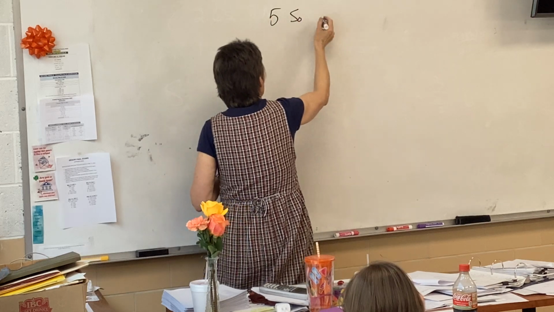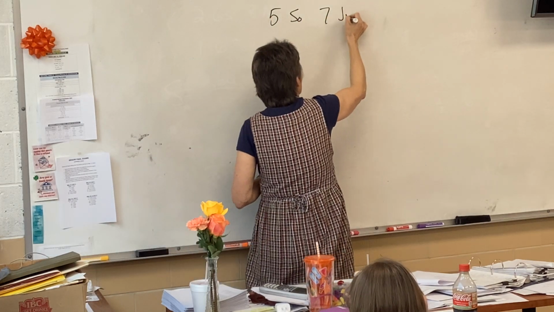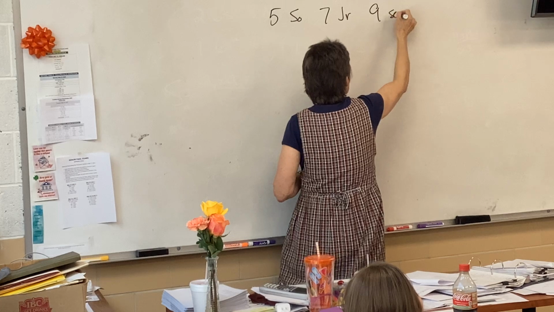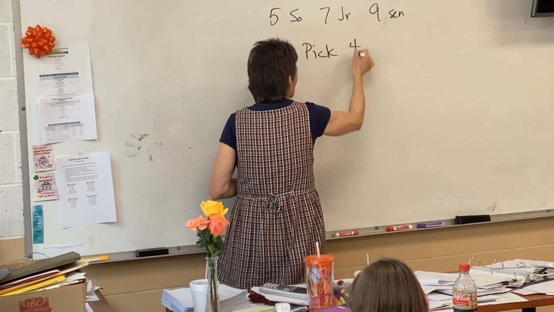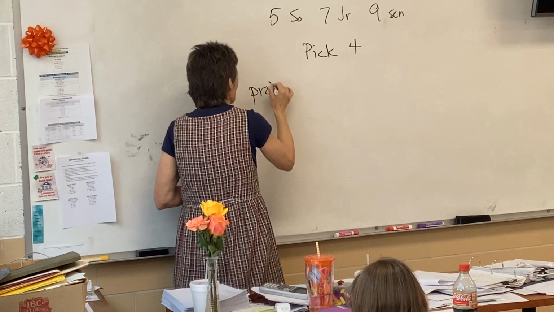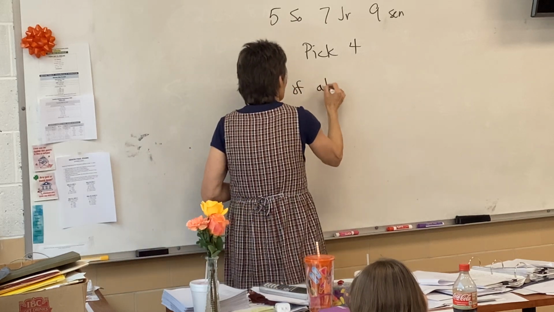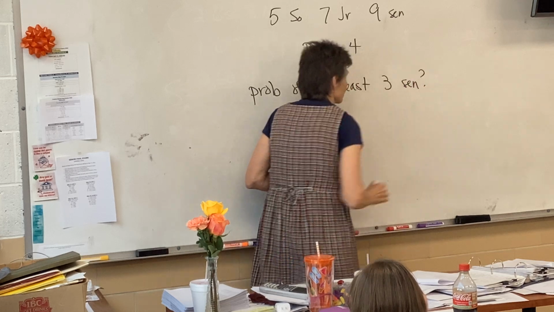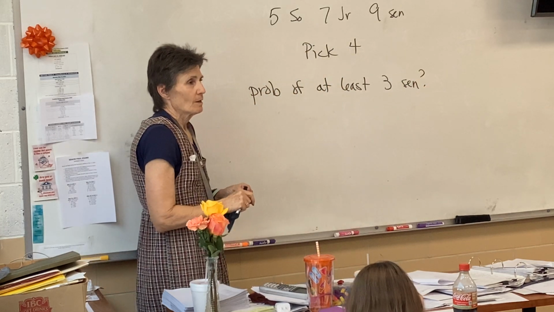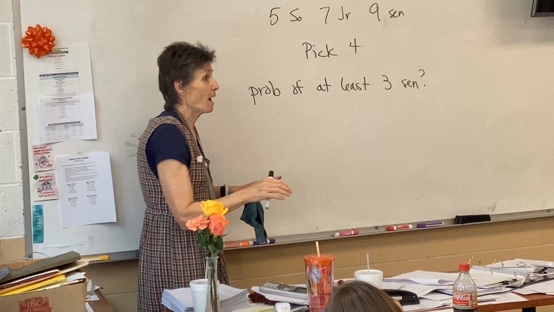So let's say we have 5 sophomores, 7 juniors, and 9 seniors. I am gonna pick 4. What's the probability of at least 3 seniors? Let's start with the denominator.